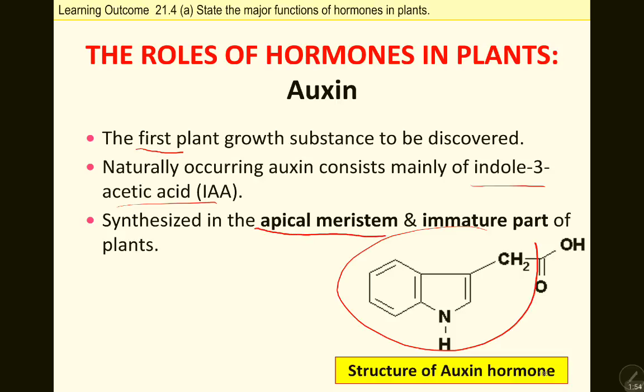So you still remember what is this apical meristem? Where can it be found? Shoot apex, and root tip. So these 2 places produce high amounts of auxin.